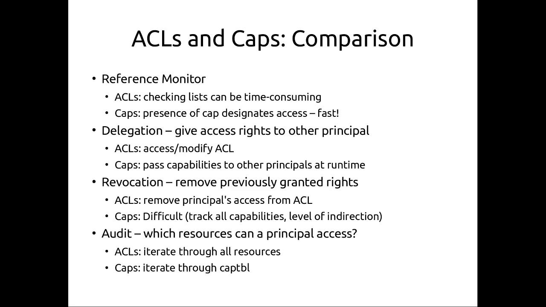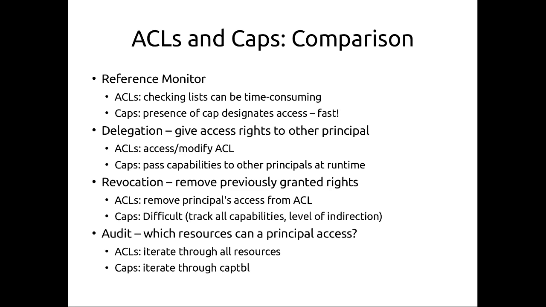Auditing is a really important thing within secure systems, and it's the idea that you want to be able to look at all of the resources that a principal can access. Typically you do that audit, you see all those resources, and then you want to see whether they should have access to all of those resources or not. For ACLs, you need to iterate through every single resource in the system to see if the principal you're auditing is within each resource's ACL.